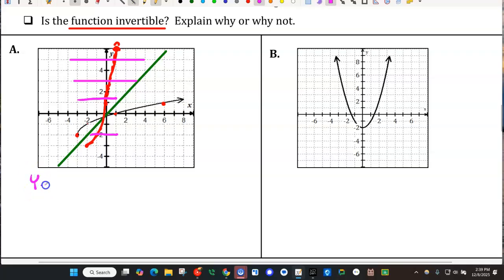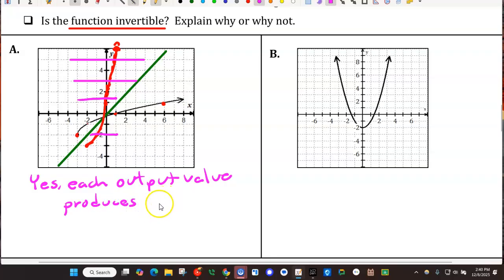So yes. And you could just use the same language. Each output value produces one unique input value. And it's something you just want to ingrain into memory.